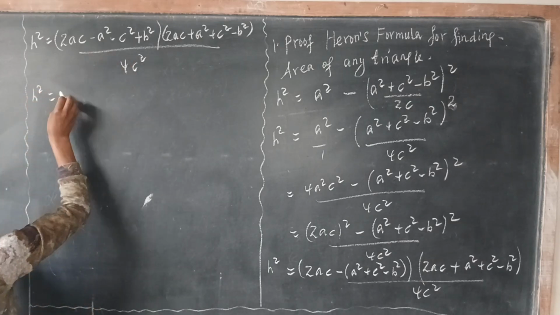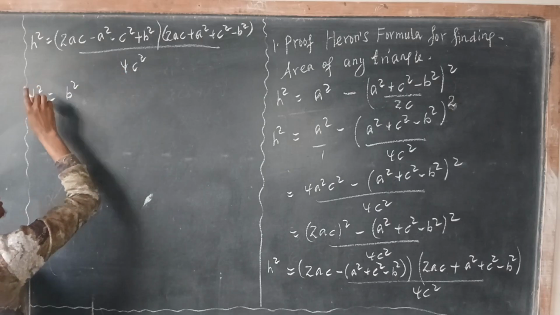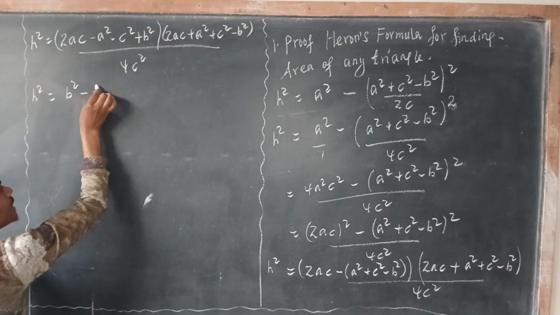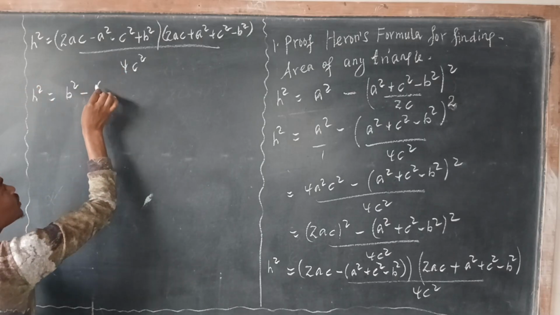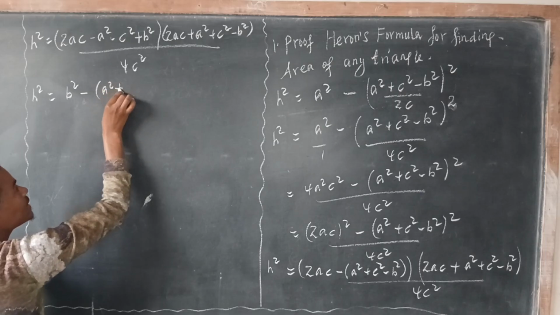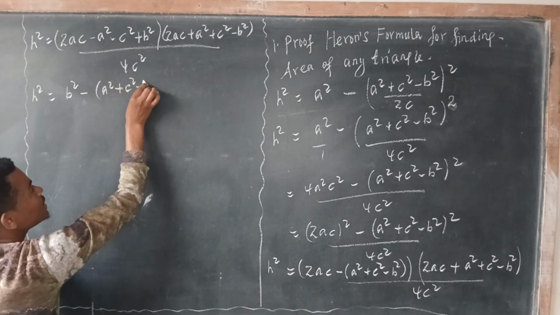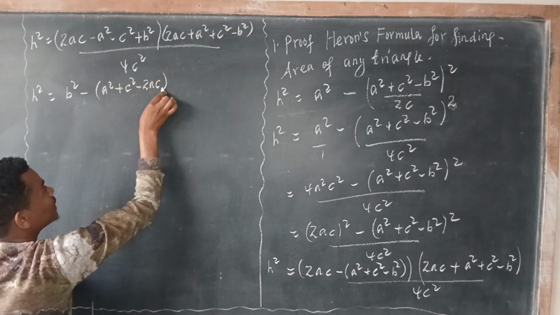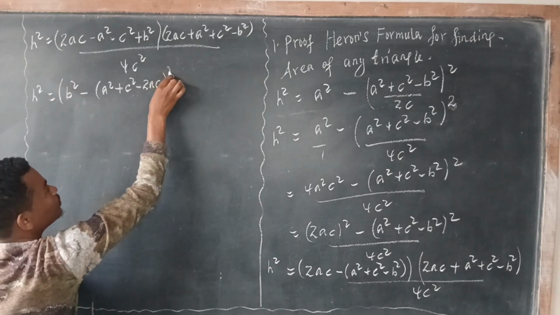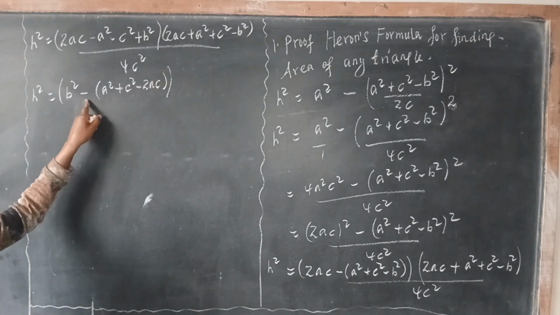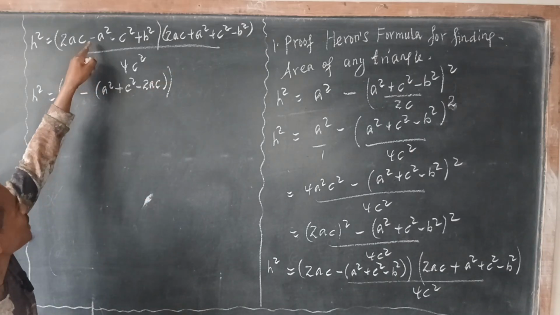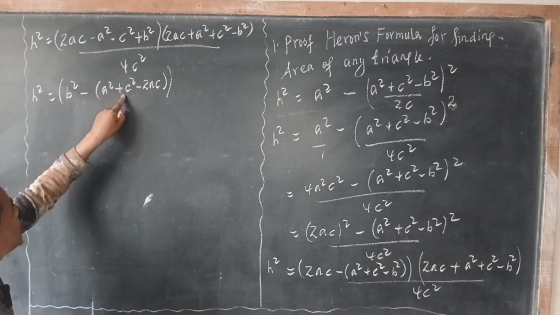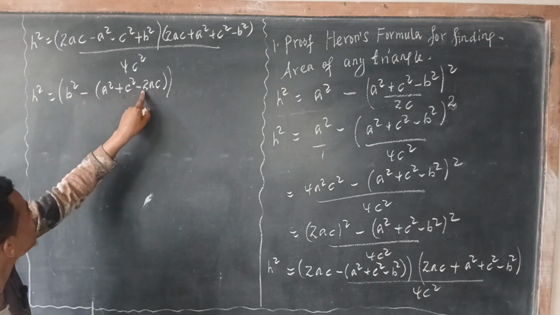Okay, bringing b square here, and bringing this one here, minus into a square plus c square minus 2ac, we can do this. That is minus times a square is minus a square, minus times c square is minus c square, minus times minus is plus.